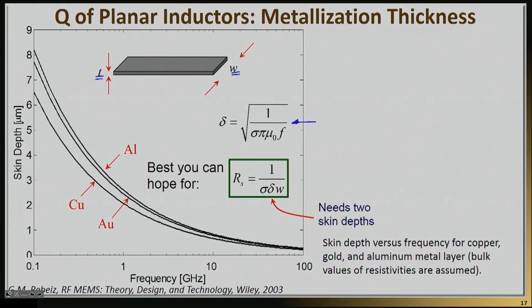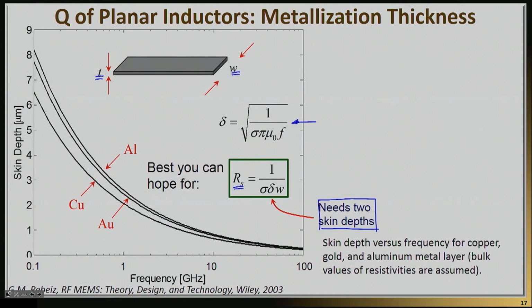Now, it turns out that if you run very accurate electromagnetic simulations where they literally mesh the metal itself and calculate the current density in the metal, you will find out that this R_S, the resistance per unit length given by this equation, is actually the best you can ever hope to get. So this is the minimum resistance per unit length that you can hope to get from a design, and to get this, you need to make your inductor at least 2 skin depths thick.